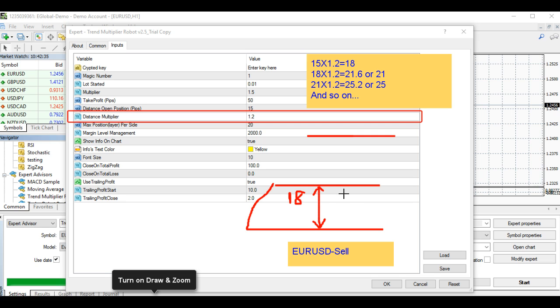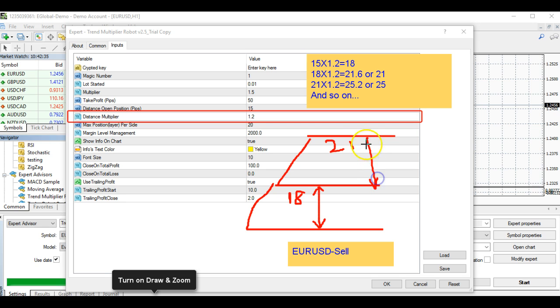Alright. So let's say the market is still shooting up. This is mainly due to recent news, sudden news, something like that. So it's still shooting up, and then it triggers your next trade. So what is your next trade? It is at 21 pips, because you're on 1.2, right? So this is 21 pips.